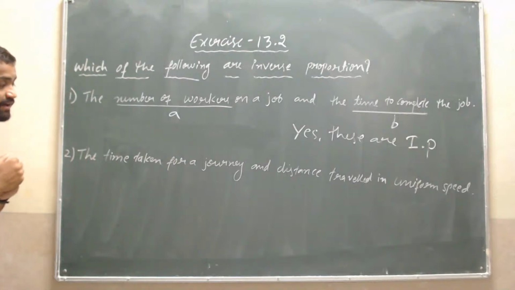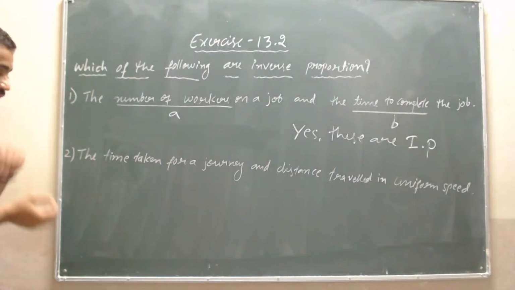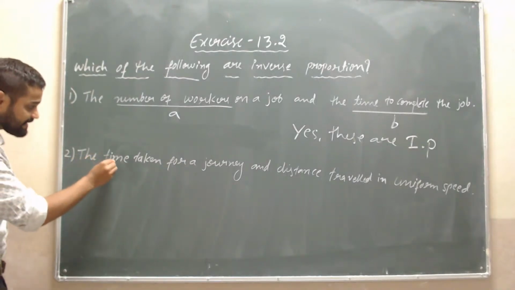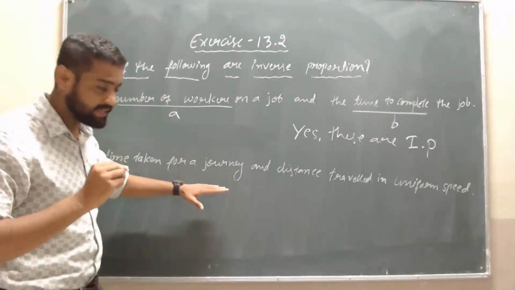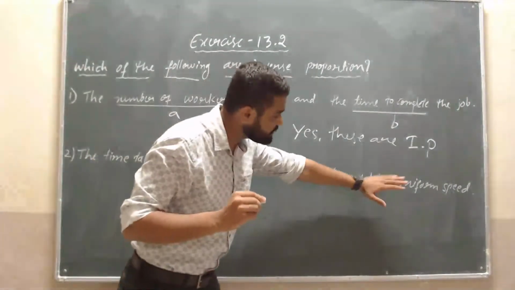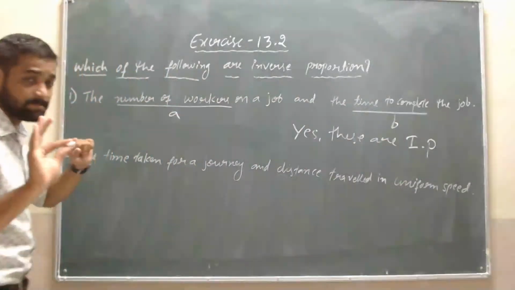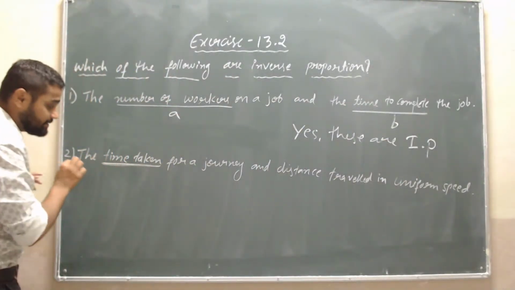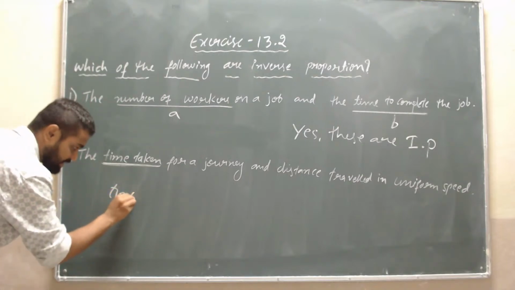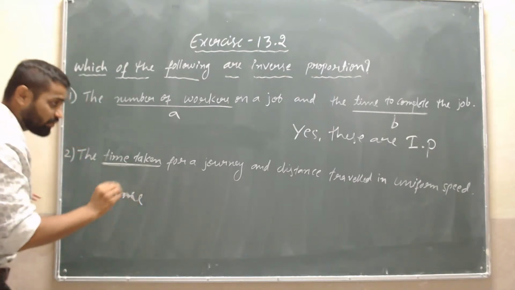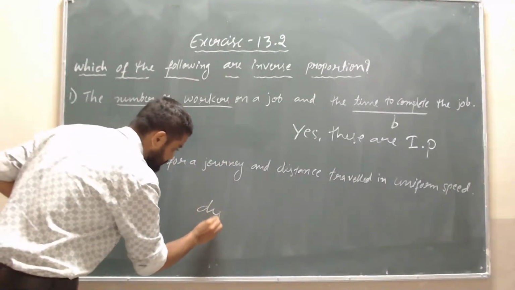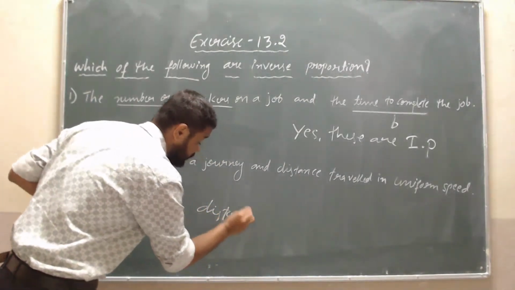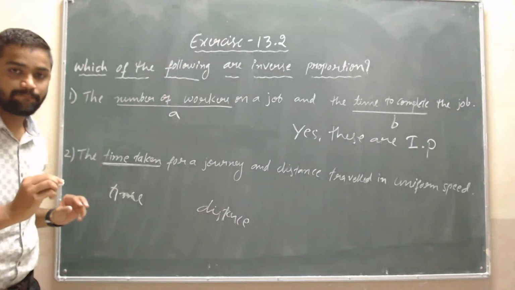Then the second statement we have, children: the time taken for a journey and the distance traveled in uniform speed. Here also he has given two quantities, one is time taken and the other is distance.